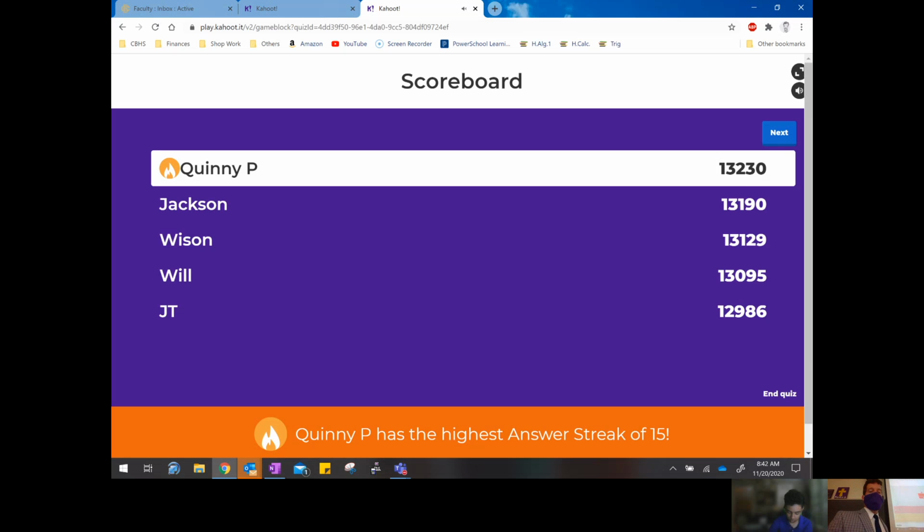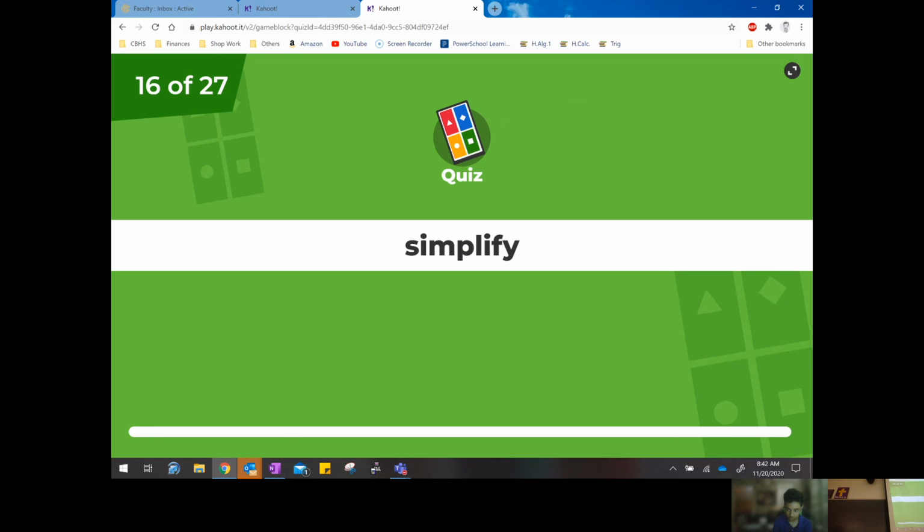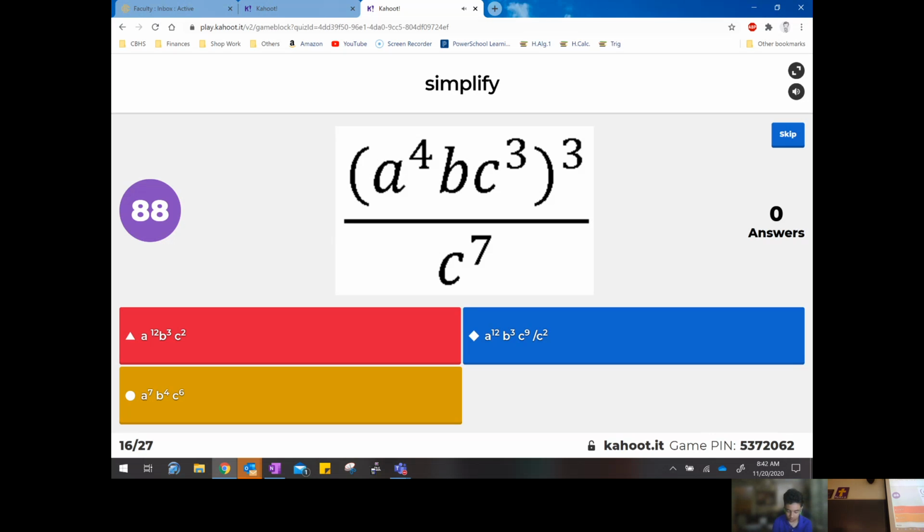Three cubed is 27, not 9. Quinn Page is on fire. Why do we have to do actual math?